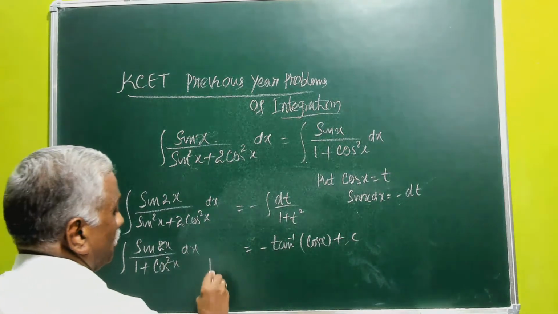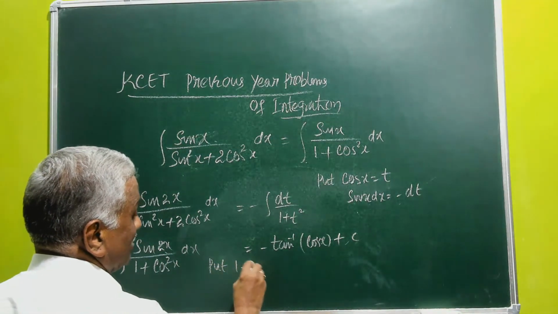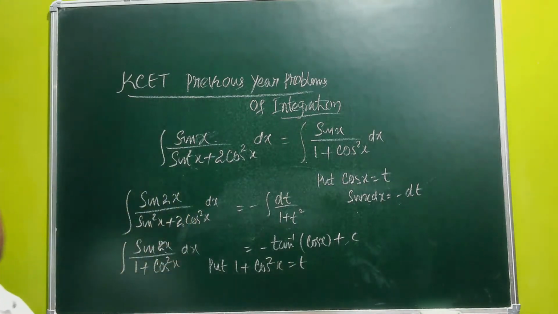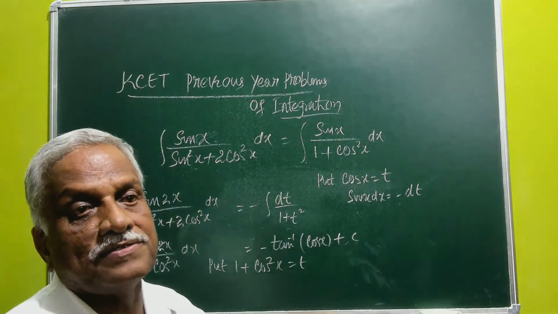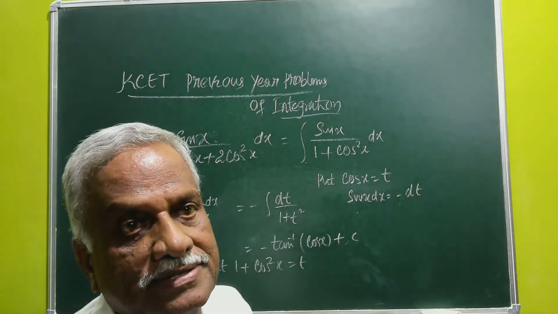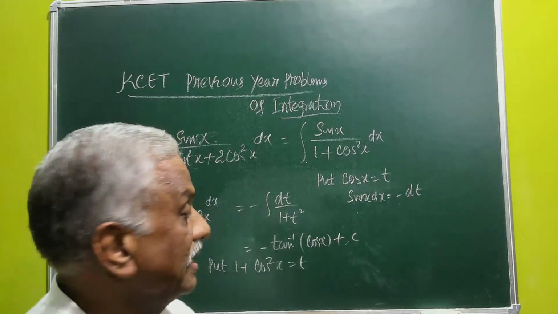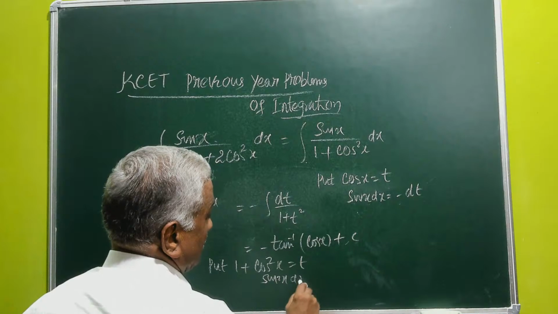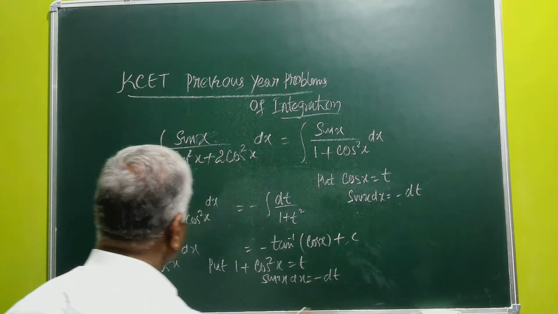Here, put 1 plus cos square x equals t. I have told you a number of times, differentiation of sin square x is sin 2x, and of cos square x is minus sin 2x. So sin 2x dx is minus dt.